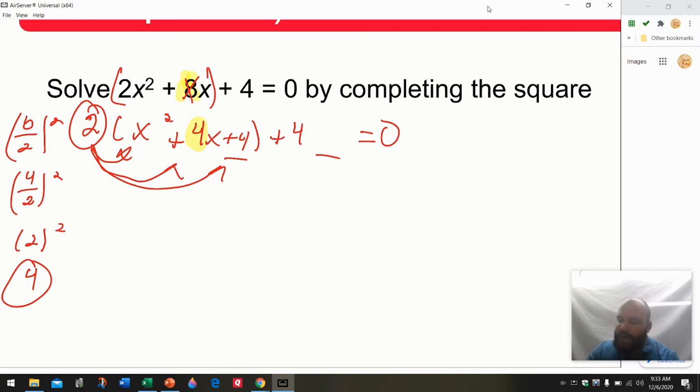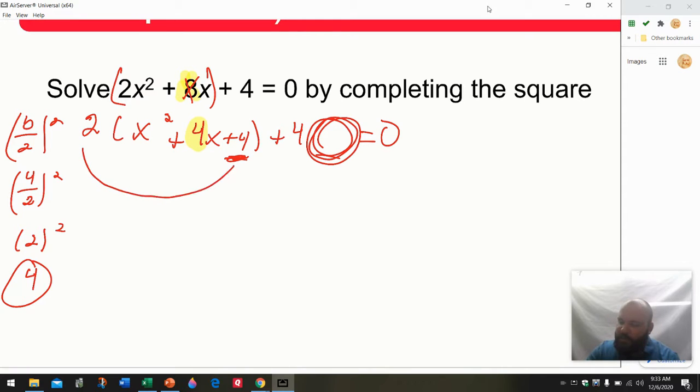And so what actually happens is by writing plus 4 right here, you actually created 8 additional, instead of 4. So the number that you put here has to be the opposite of this lead coefficient times whatever number you put there. So 2 times 4 is 8.